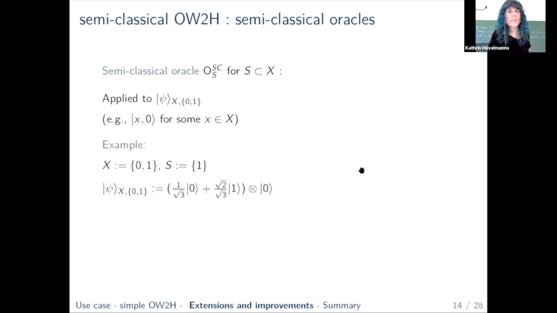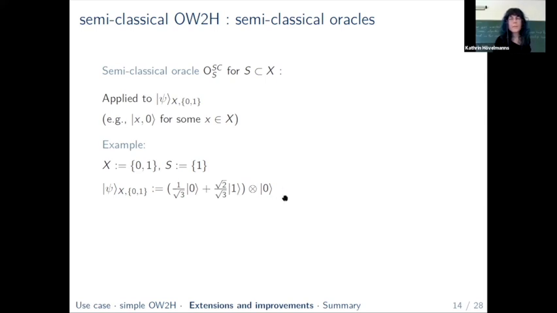And to give an example of how this application would look, consider the set X to be the set of bits, and the subset S is the set that contains 1. And let's say our state psi is 0 with probability 1/3 and 1 with probability 2/3, tensored with 0.